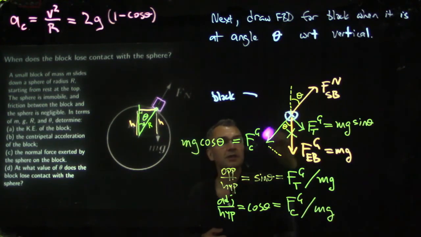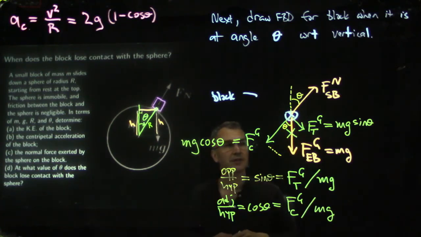Okay, so we decomposed gravity into a centripetal component that points toward the center of the sphere, and a tangential component, which is tangential to the surface. And we really don't care about this tangential component, although it is what causes the block to speed up as it goes. What we care about is this centripetal component, since it will help us to figure out how big the normal force needs to be to continue to execute circular motion.